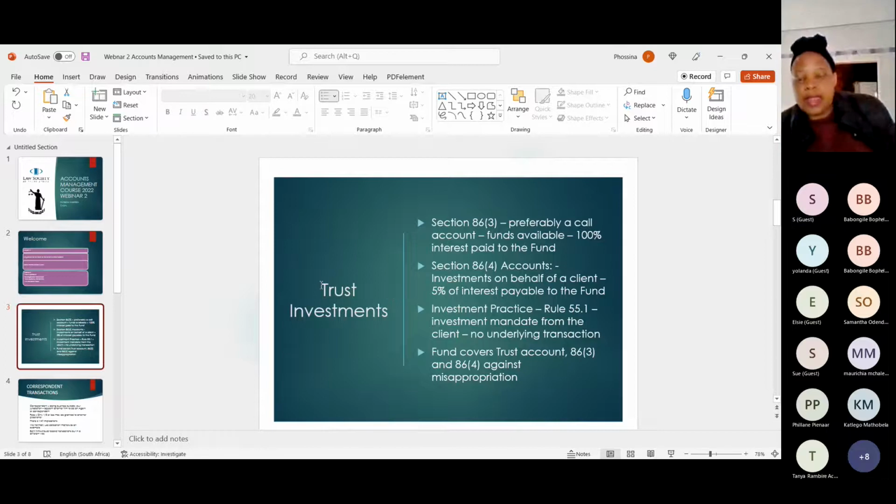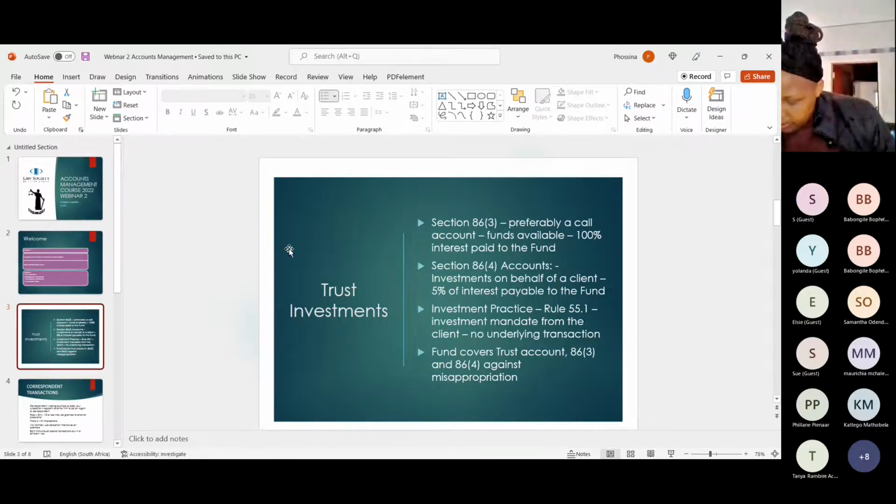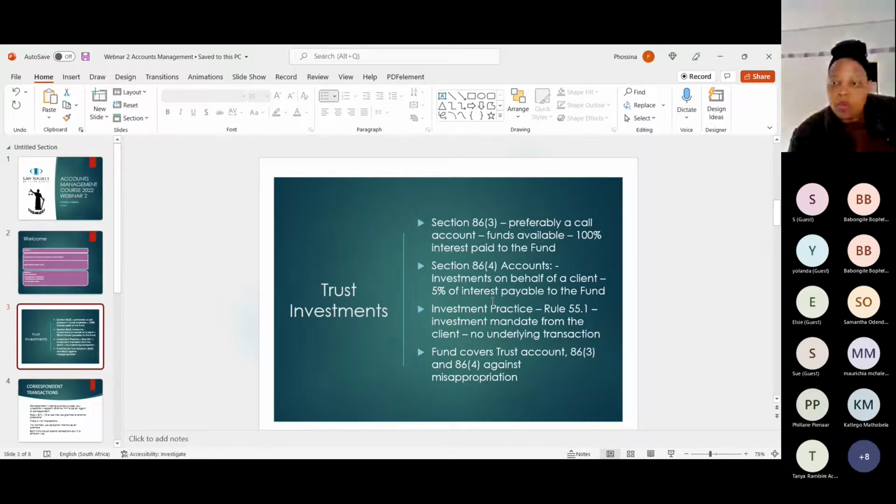The next item, we are going to have a look at trust investments. When it comes to trust investments, I think we discussed that a legal practice is supposed to have a trust account, and a trust account is supposed to be referenced as a section 86.2.